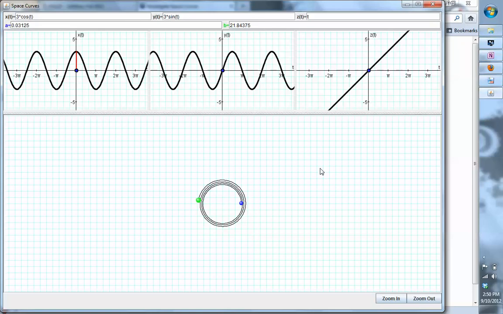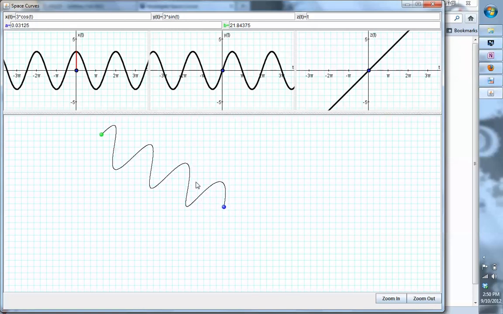So the green guy is closer to us, right? The green dot. And so the circle that it's tracing out appears bigger than the blue dot way at the back. And that's what's going on there. So just be aware that that's an effect that's built into this application. You may be able to turn it off, but I'm not really sure how.